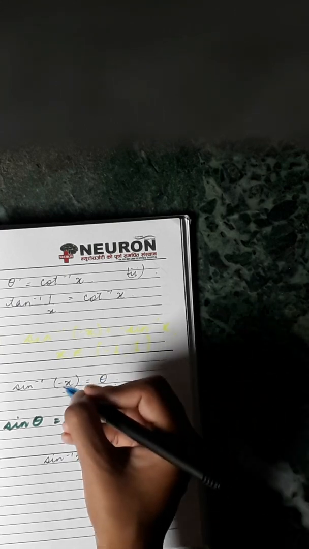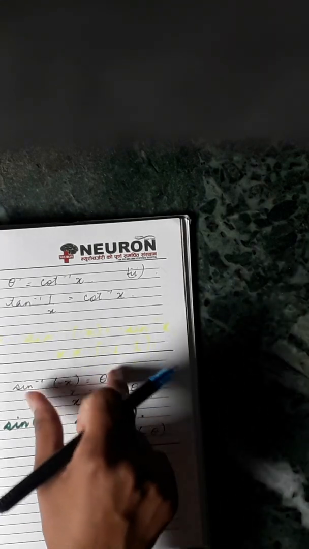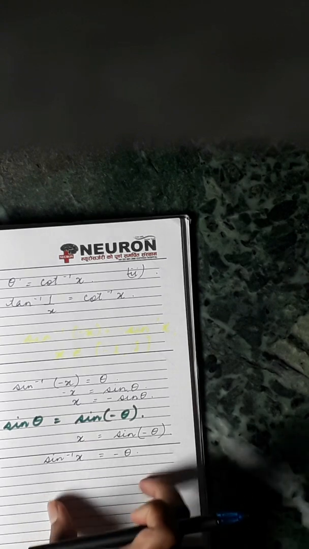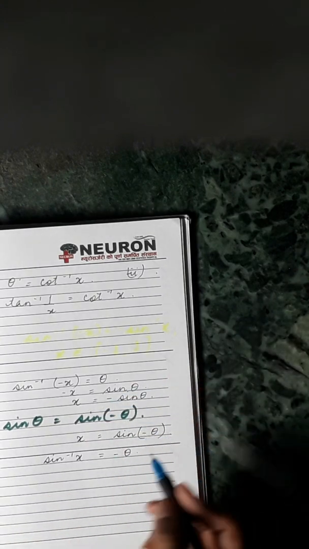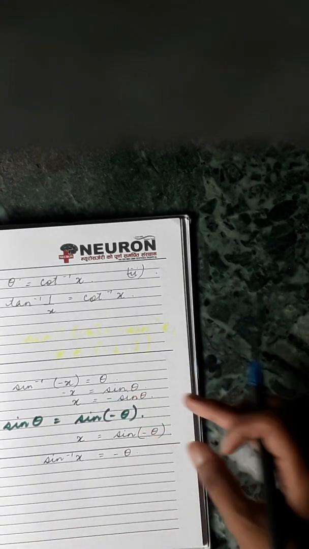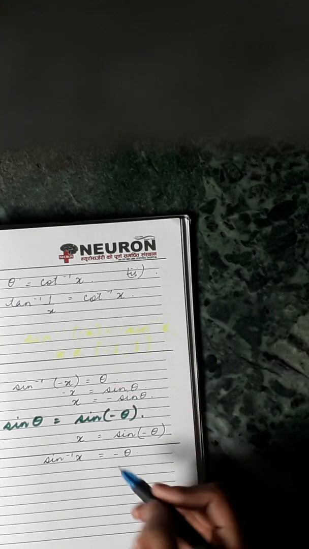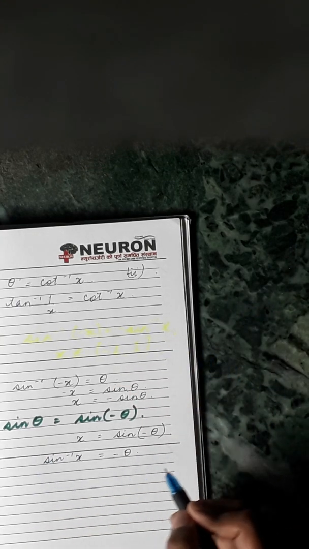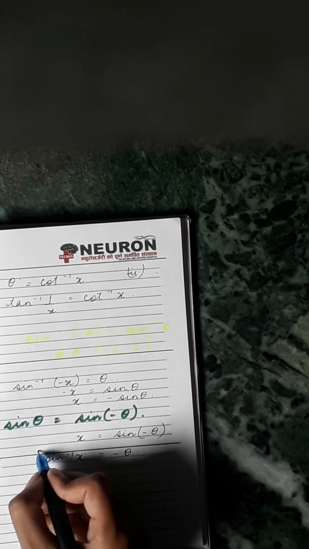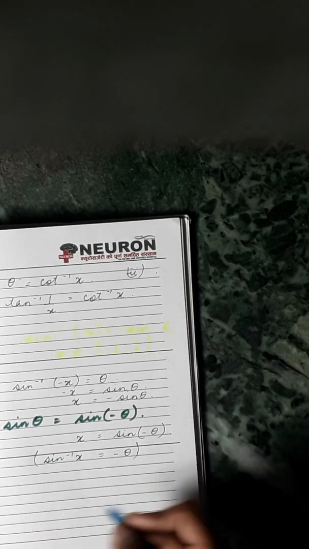So see, if you are going to compare this step with the upcoming step, what is the difference in the two? What you have to do to make the two steps equal? If you multiply this equation by minus 1, on both the RHS and the LHS side.